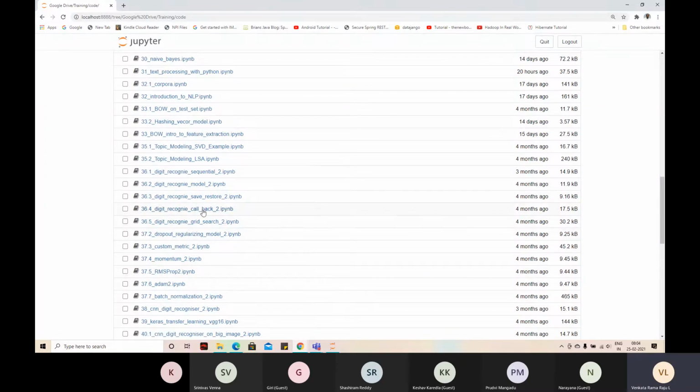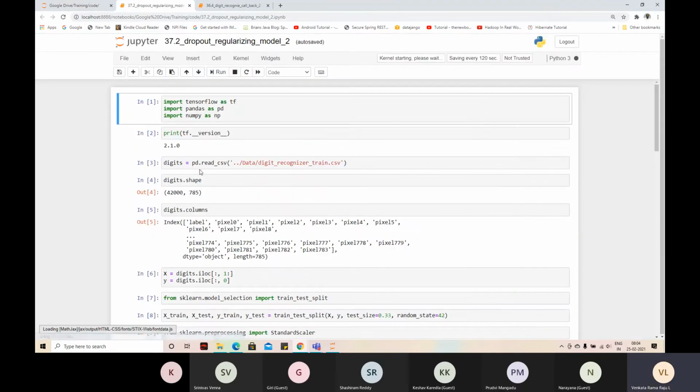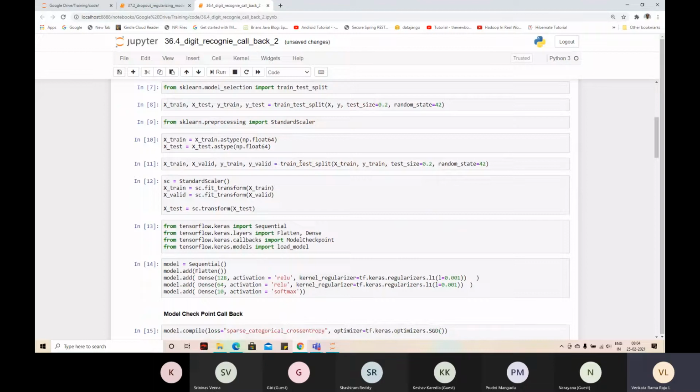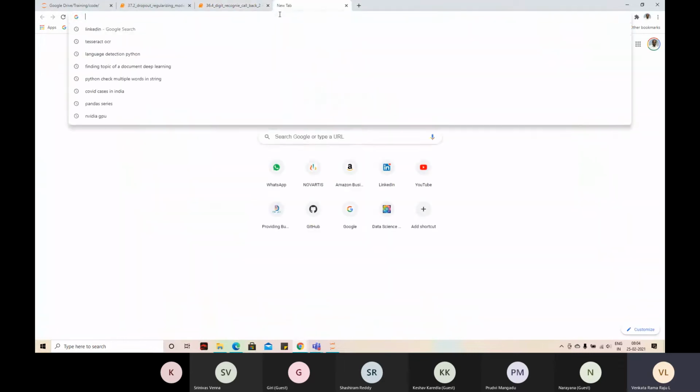See, somewhere I applied regularization, dropout. I think I implemented that in callbacks. Okay, so here, see this kernel regularization. There are two regularizations in a dense layer.